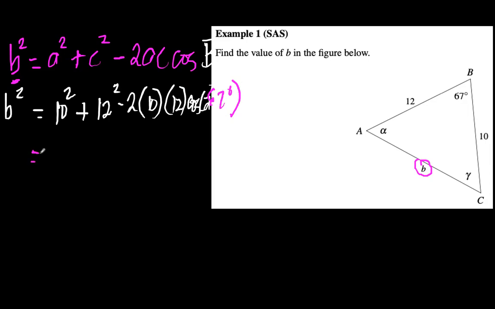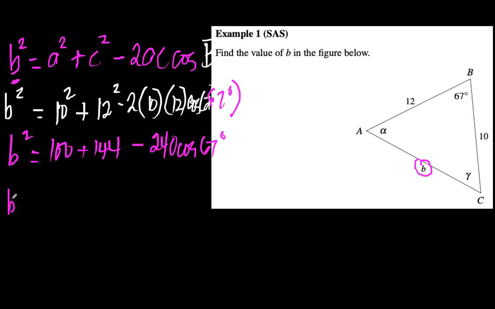Okay, here we go. So let's solve. This is 100 plus 144 minus 240 cosine 67 degrees, equals b squared. Now can you please help me, class, solve for the right-hand side of the given equation?